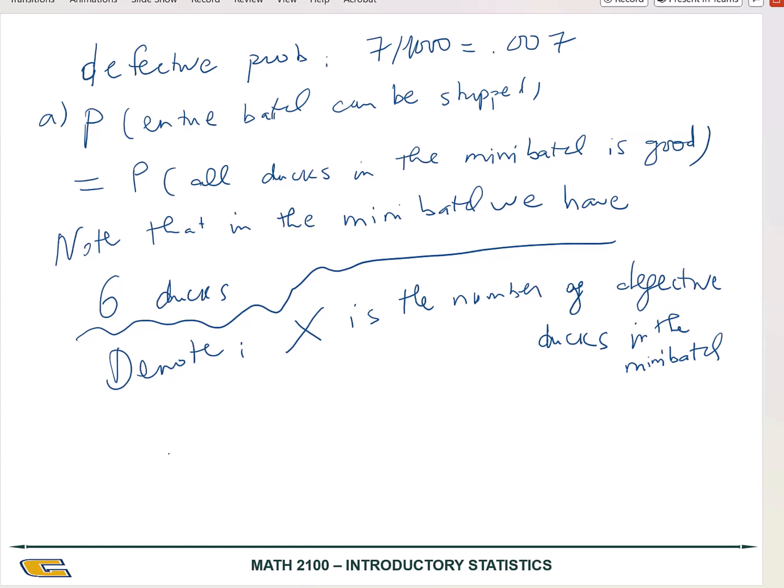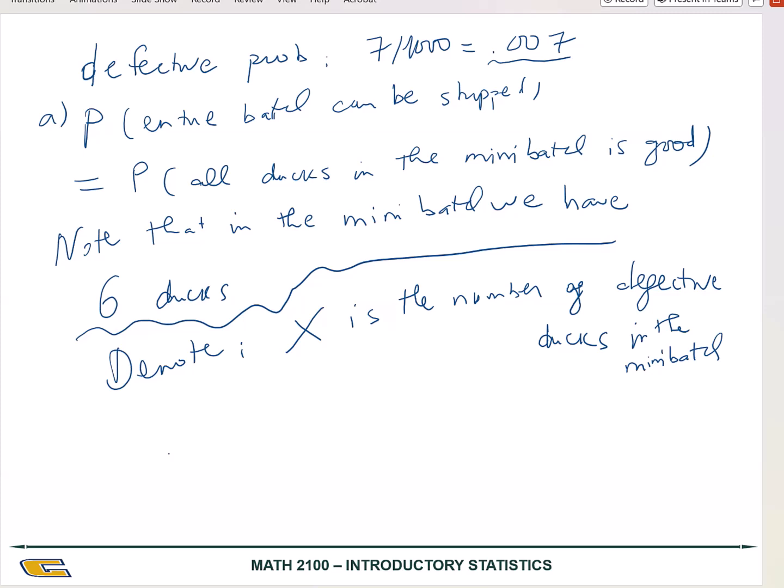The second condition: either you have a defective duck or not, which is 2 outcomes, right? And the probability of defective, which is success, you can think of as fixed, which is 0.07 for each trial, okay? The reason we can do that is that the sample size is too small compared to the whole population size.